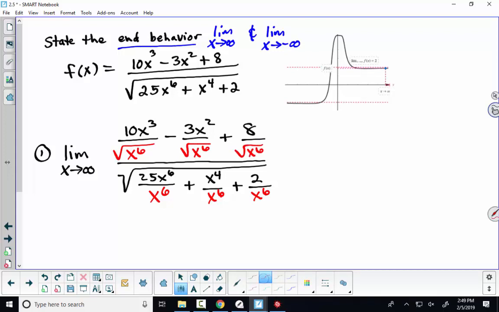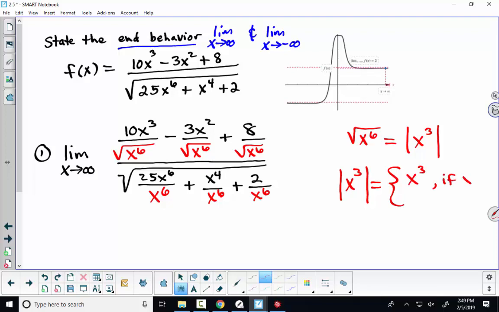And we're going to remind ourselves over here that the square root of x to the 6th is actually the absolute value of x cubed. And by definition, the absolute value of x cubed is just x cubed if x is 0 or positive, but it's the negative of x cubed if x is negative.